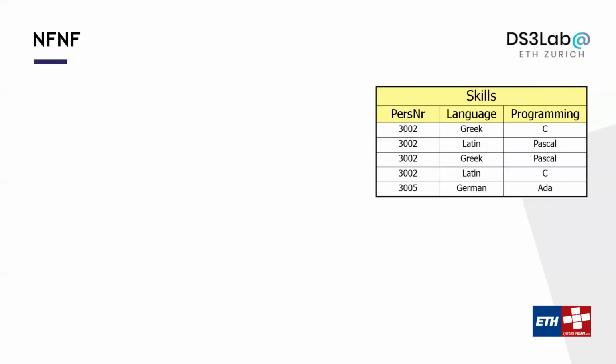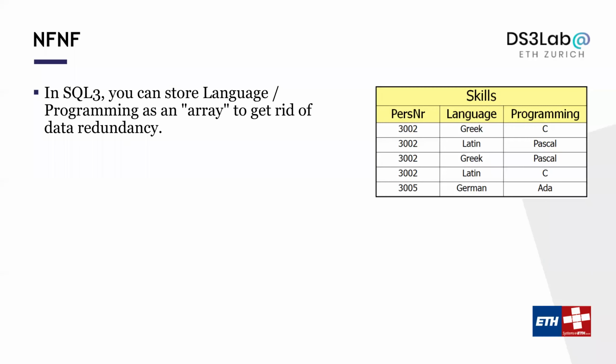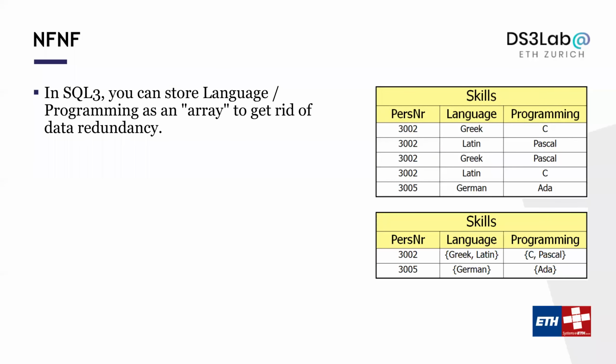So there are multiple ways for you to get rid of redundancies here. One way is to turn it into something that's not in first normal form. For example, when you are using something like SQL 3 or XML, you can have a design that looks like this. You can have language as a set. You can have programming language as a set, right?